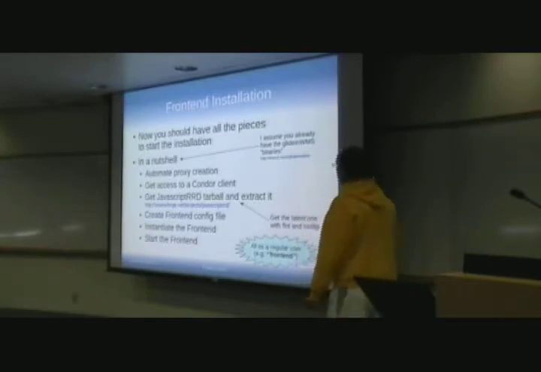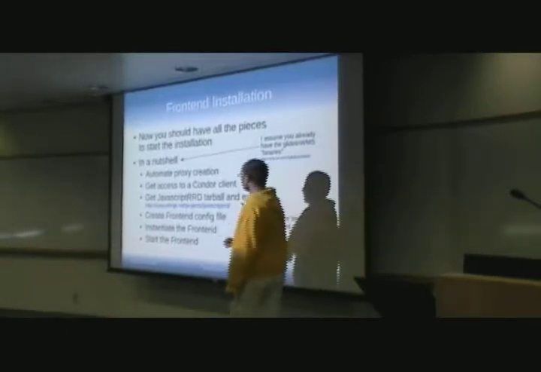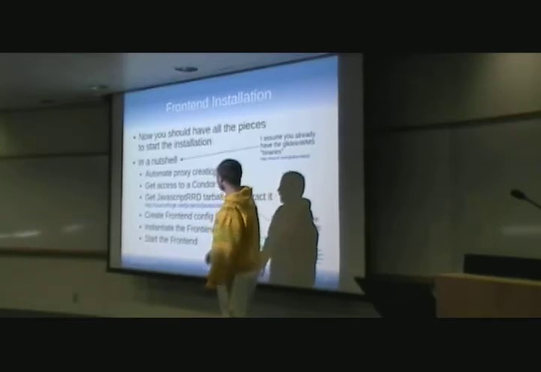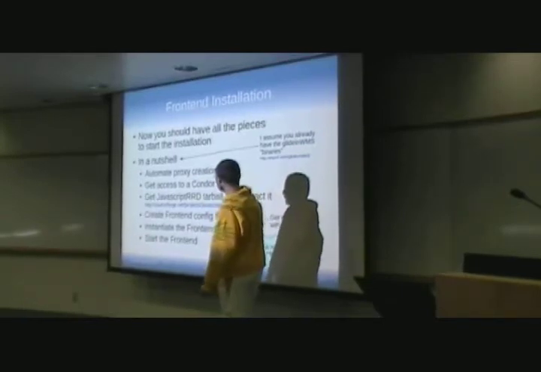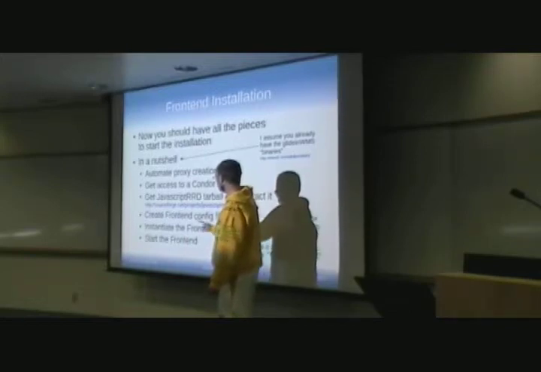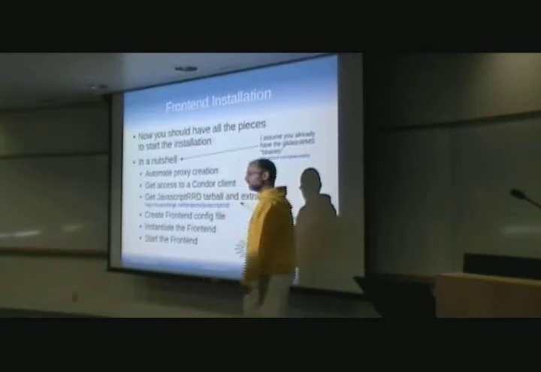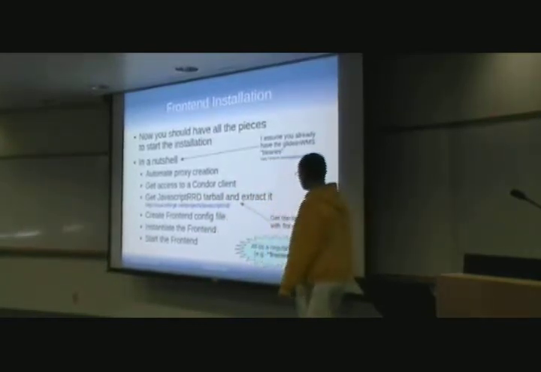So, before actually installing the software, you will need to do a few things. You will need to automate the proxy creation, get access to a control client, install the JavaScript RRD tarball, create a frontend configuration file, instantiate the working tree, and then start the frontend.